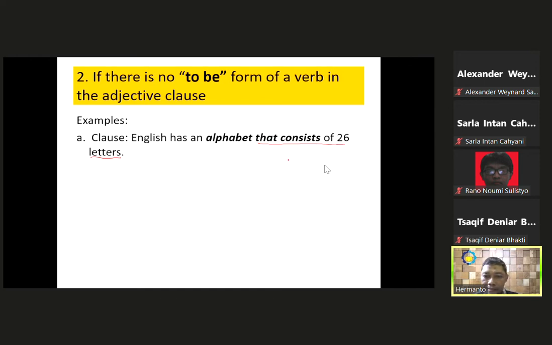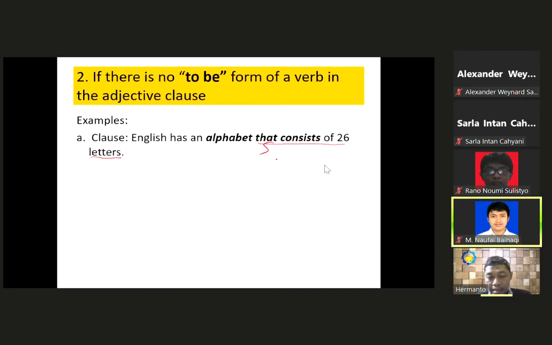What is the subject pronoun here? This is the adjective clause. What is the subject? That. Correct. And the predicate, consists.